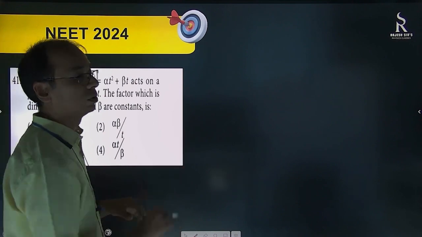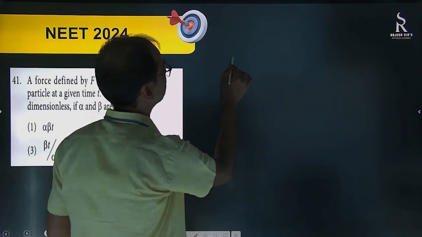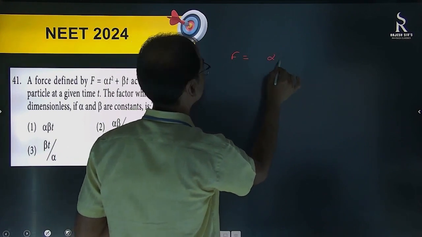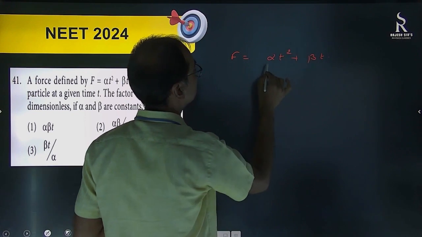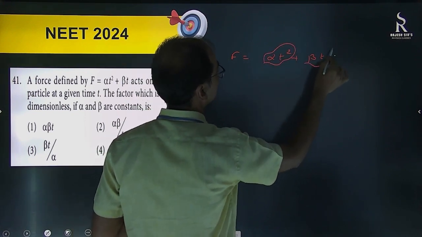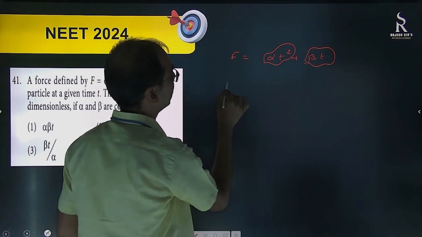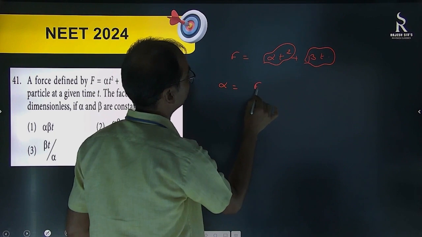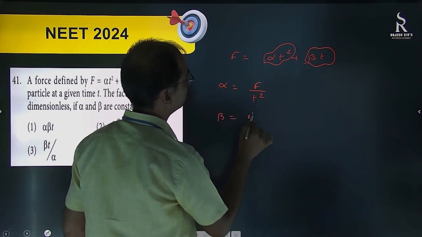So force equals alpha t square plus beta t. Since it is an equation, its dimensions also will be the same as force, and this term's dimension also will be the same as force. So if I look at this one, alpha basically will have dimensions of F by t square and beta will have dimensions of F by t.